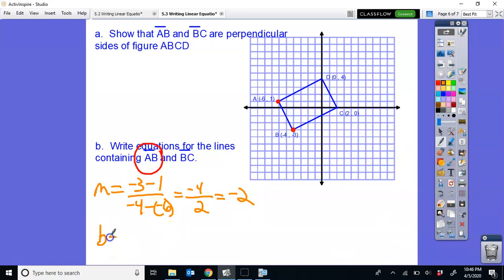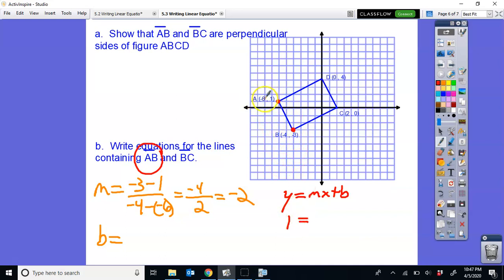Now I need to find my b. Remember, this is where we had to do a little bit of work now, because that equation is going to go down here. My b value is going to be down here somewhere, all right? So I have to use my little mx plus b, plug in my y value from one of these points. Doesn't matter which one. I'm going to go with the 1 up here.